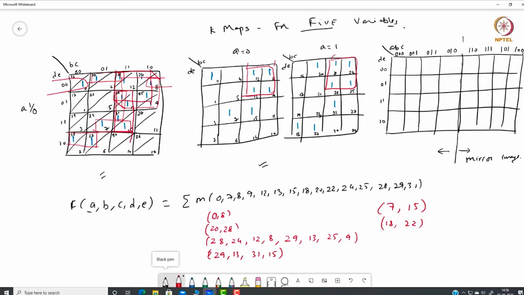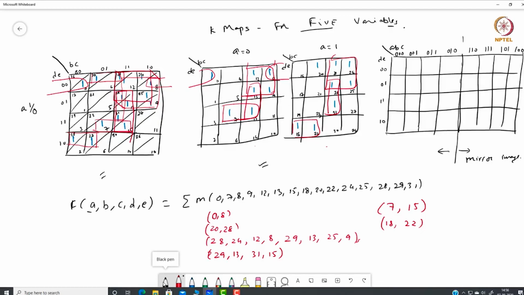Similarly, we can combine this, this, and this. Now when we are combining this, we can also see that these two cubes, 13 and 15, 19 and 31, are also overlapping in these two K-maps, so they can further be combined.